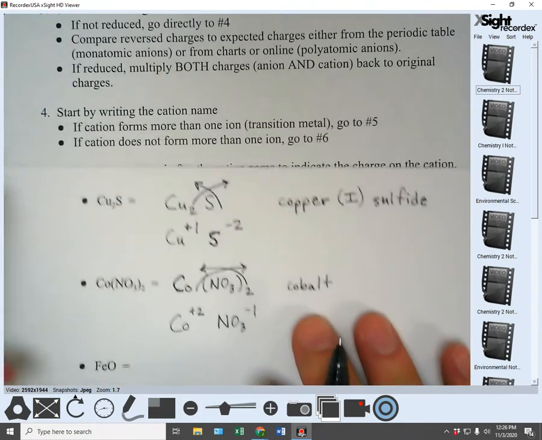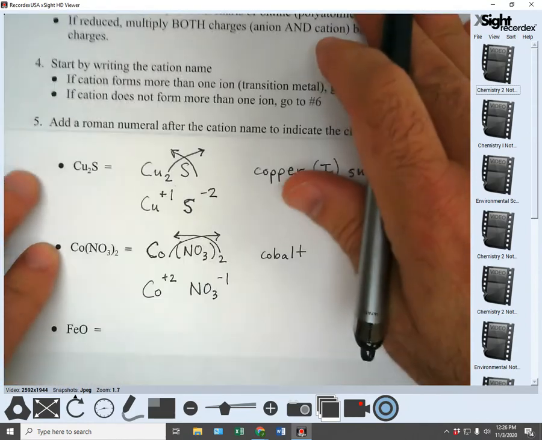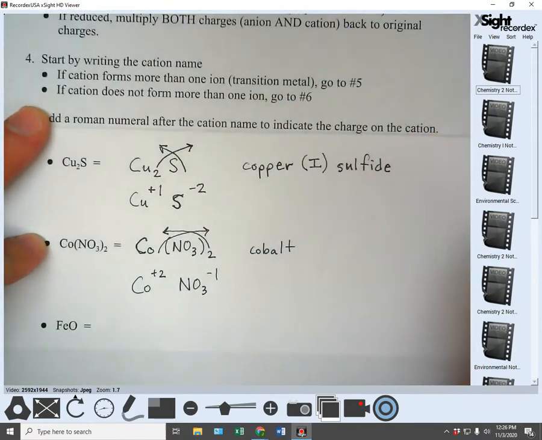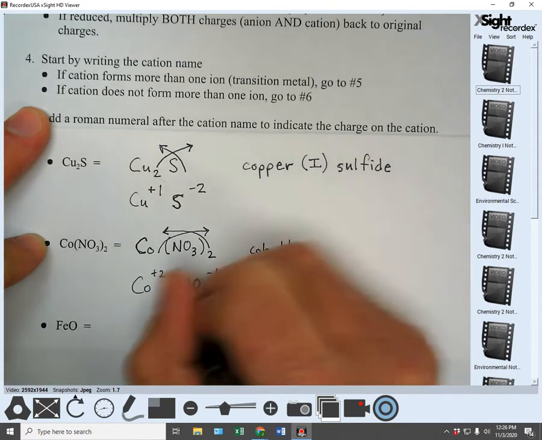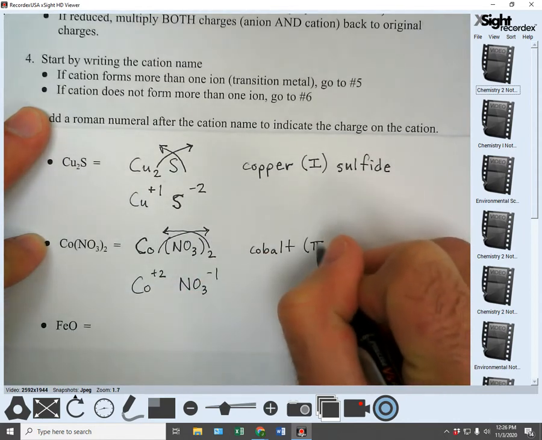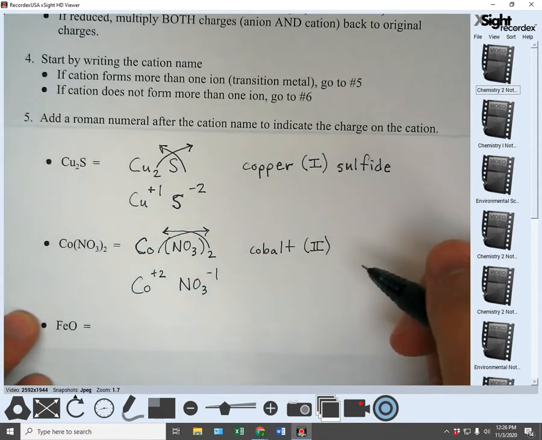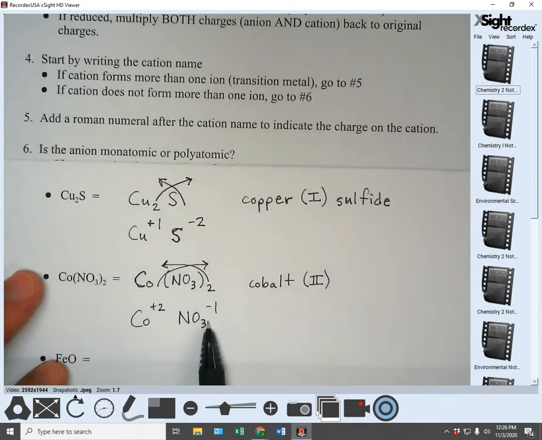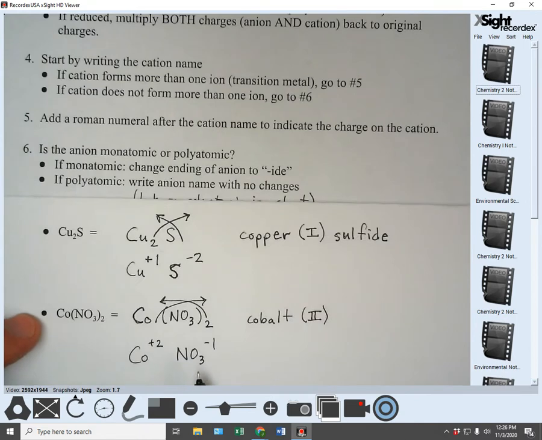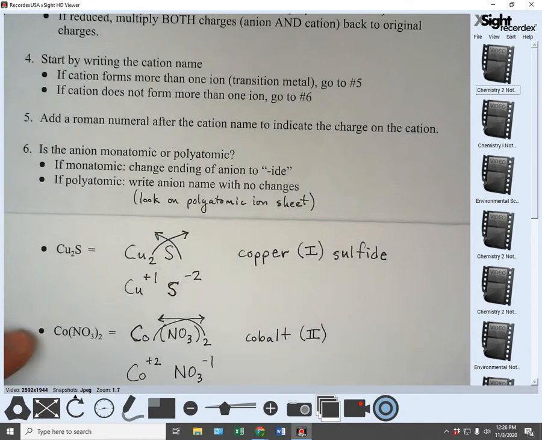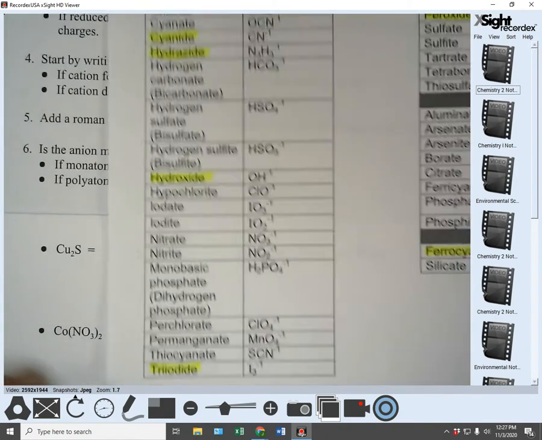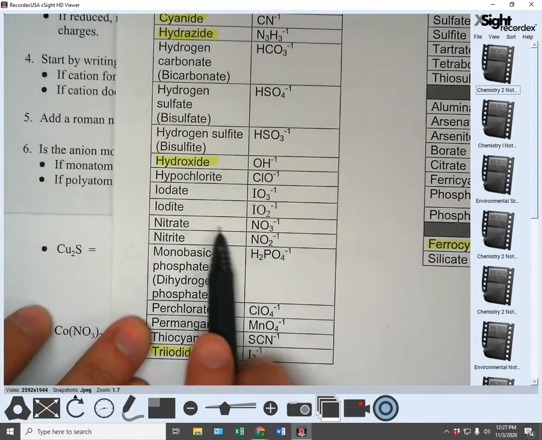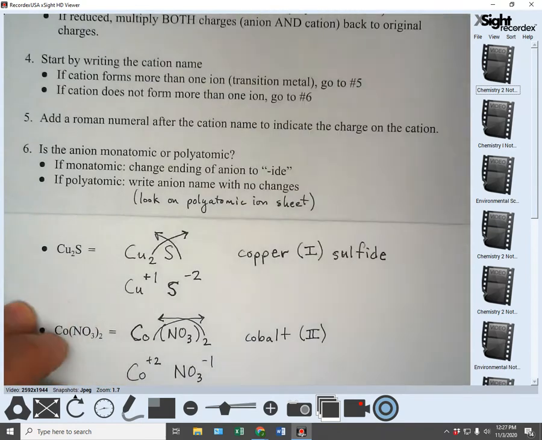Add a Roman numeral because we had more than one ion for cobalt, so 2. Then, is the anion monatomic or polyatomic? It's polyatomic. If it's polyatomic, write the anion name with no changes. We look on our polyatomic ion sheet. We already looked it up down here. NO3 -1 is nitrate. So we just write nitrate.